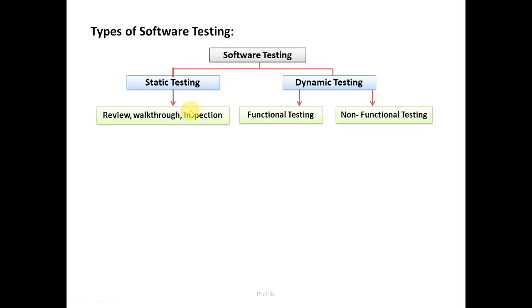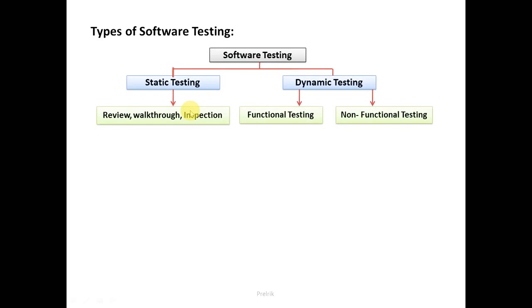You can review the requirement document. A QA person can review the design document. He can ask the business analyst or anyone to walk through that document, and he'll make sure that there is no flaw. And a QA person can go to any developer and inspect the code. That's how you can achieve the static testing part.